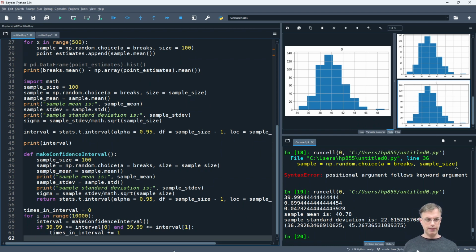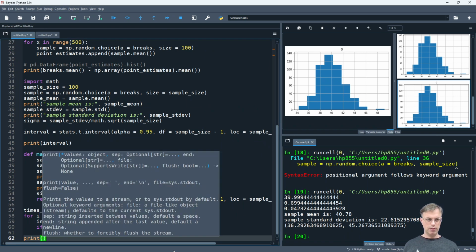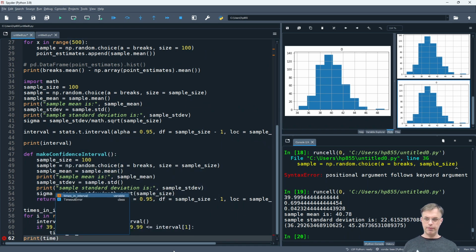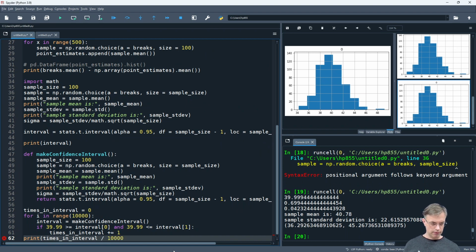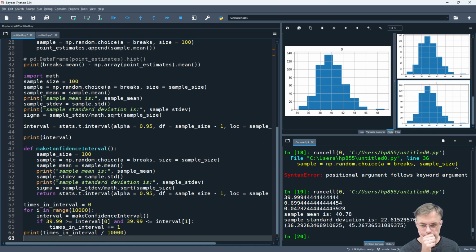What we need after that is to print times in interval divided by 10,000. So how many times does it happen? Let's see.